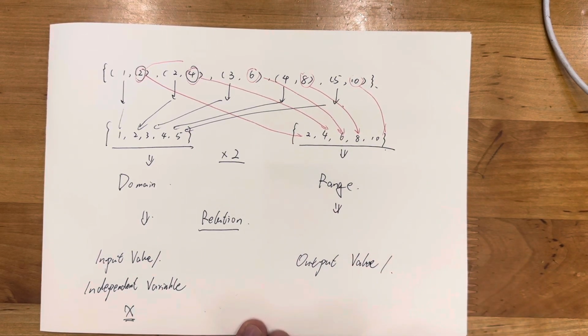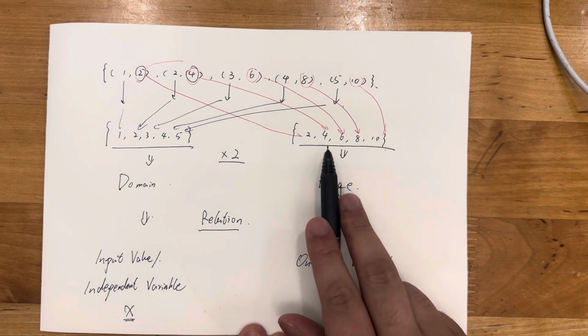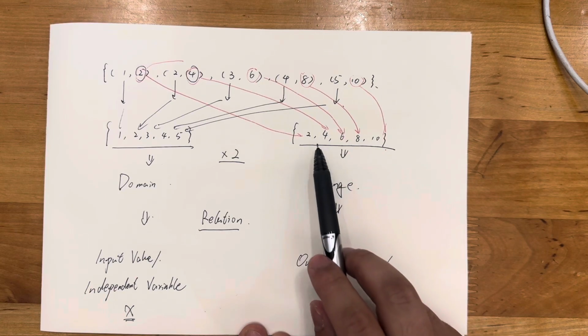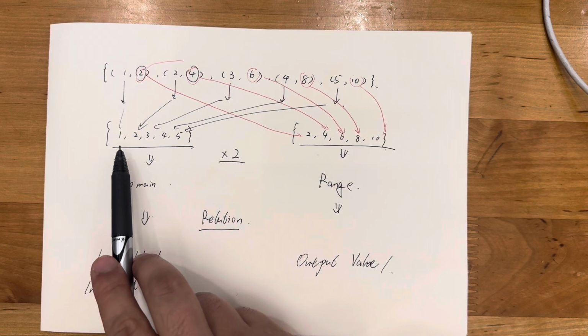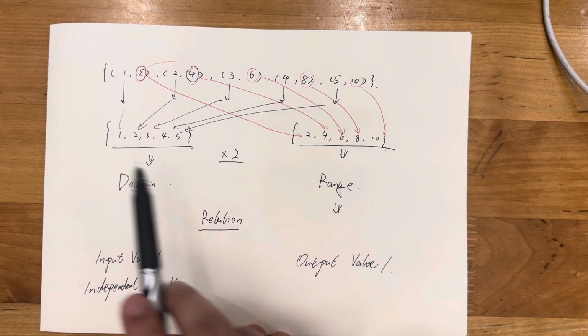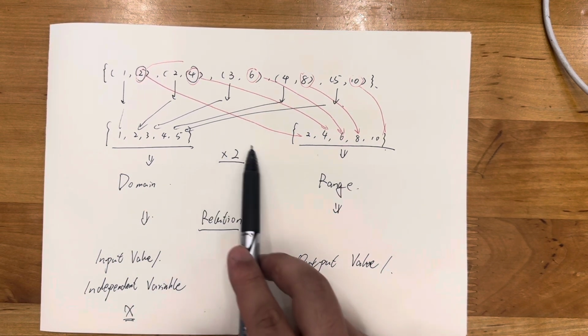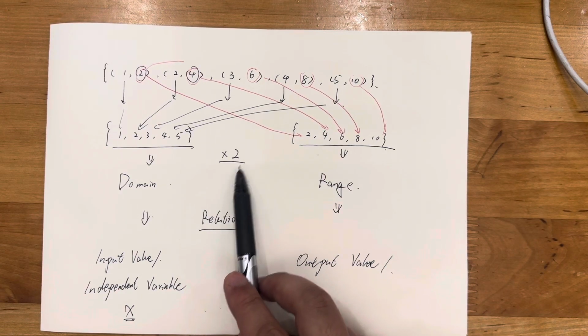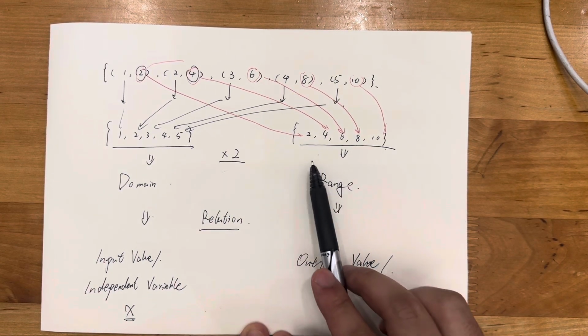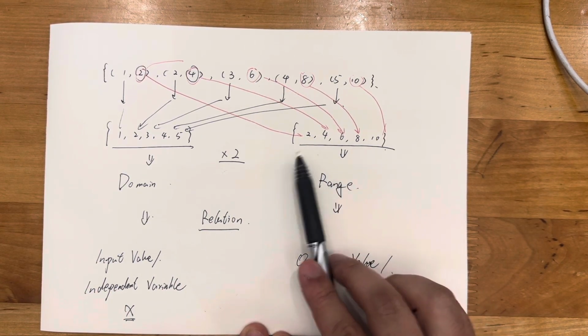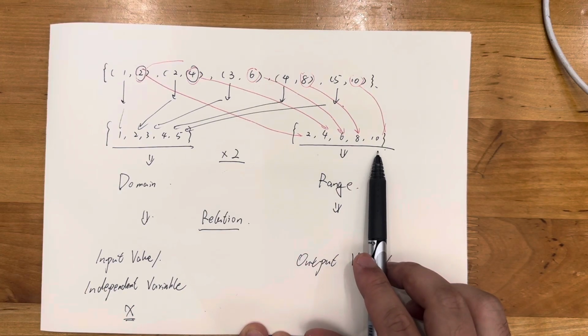Of course, if this is independent, this one is not independent. This value in the range is calculated using the number in the domain, through some relation calculation, and then we get this. So all these values are calculated. This number depends on this number.